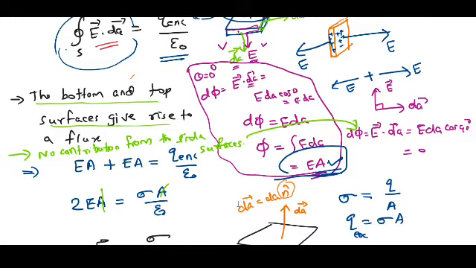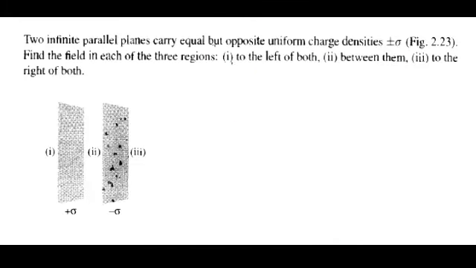Now let us do a problem in the Griffith textbook. This is the question: two infinite parallel planes carry equal but opposite uniform charge densities plus or minus sigma, as shown in the figure. This is our figure, and this is one charged sheet.